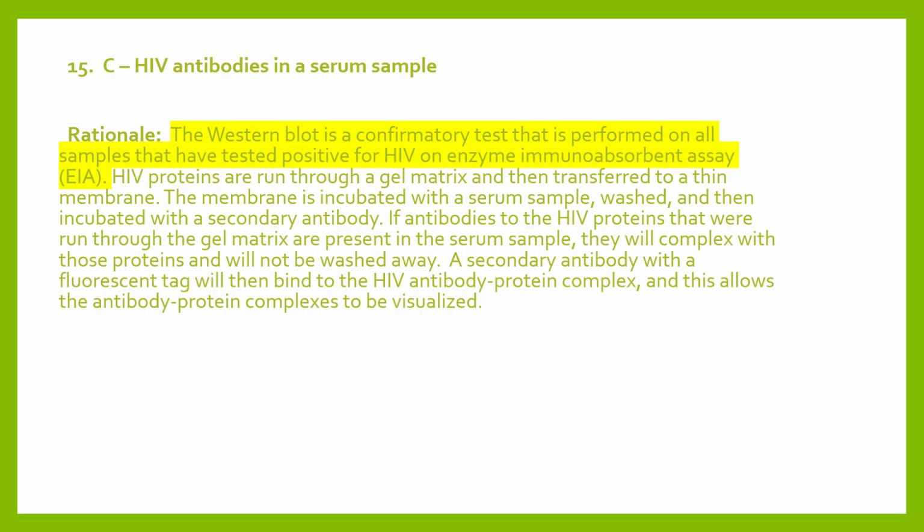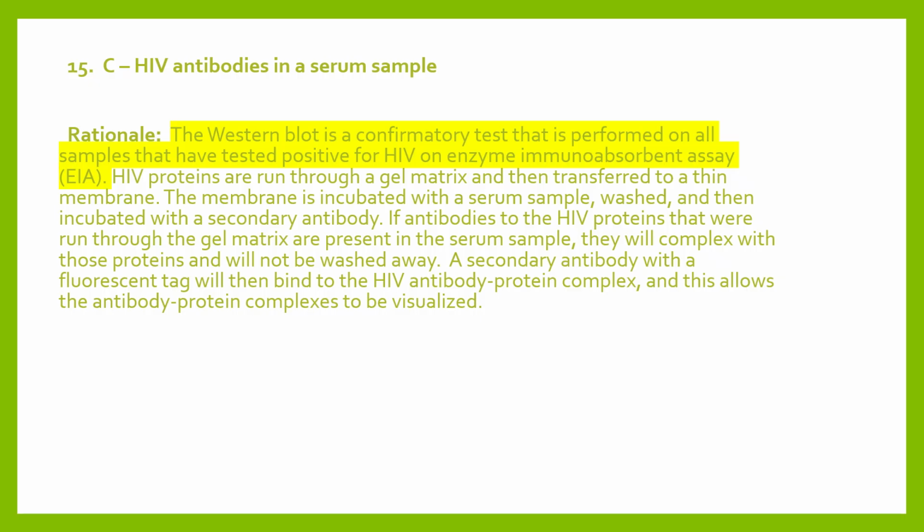The Western blot is a confirmatory test that is performed on all samples that have tested positive for HIV on enzyme immunoabsorbent assay, or EIA. HIV proteins are run through a gel matrix and then transferred to a thin membrane. The membrane is incubated with a serum sample, washed, and then incubated with a secondary antibody.